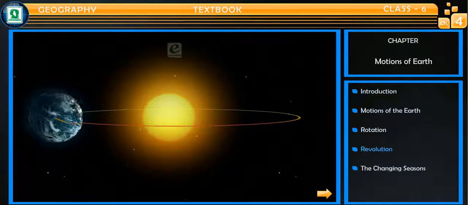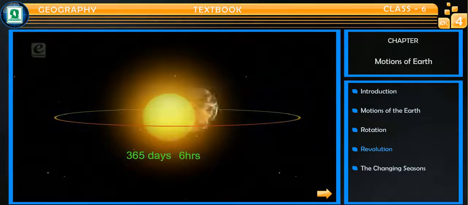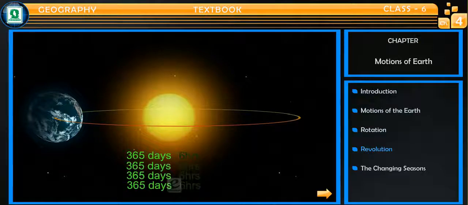The earth completes one revolution in 365 days and 6 hours. For our convenience, we consider the year as consisting of only 365 days and ignore the 6 hours. This time of 6 hours is added up to 1 day after every 4 years, and the 4th year is called a leap year.